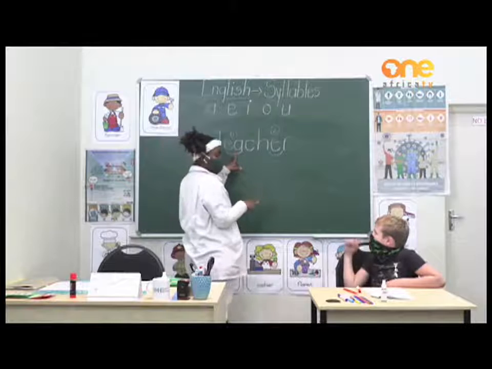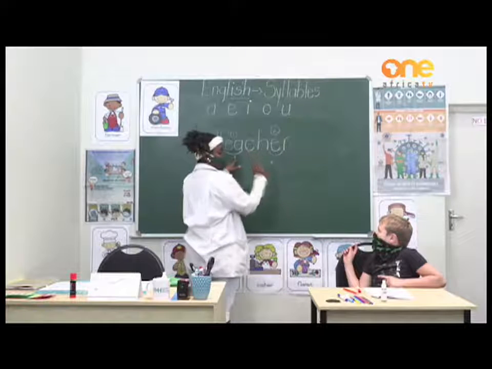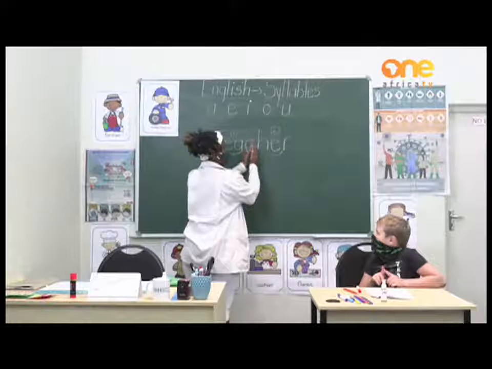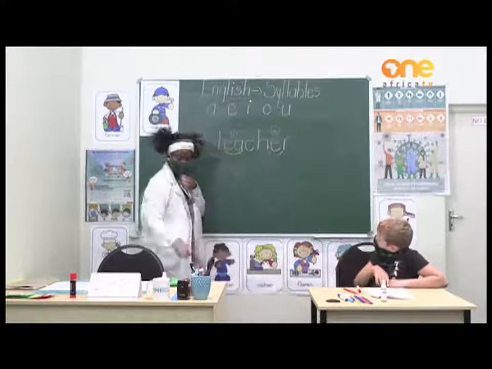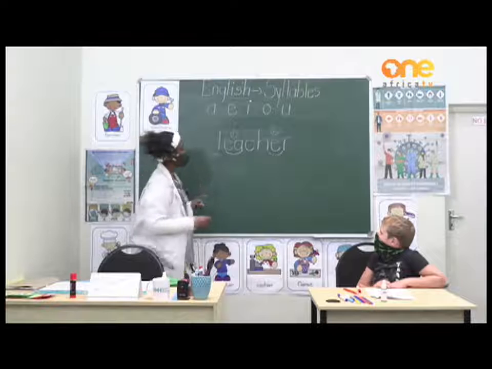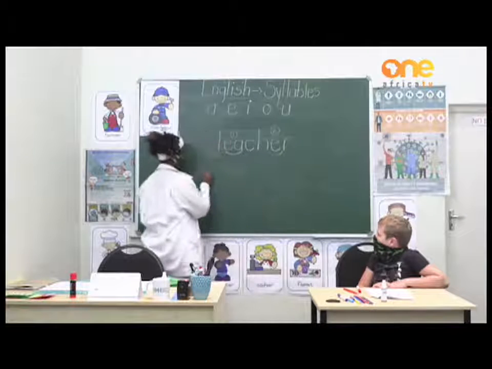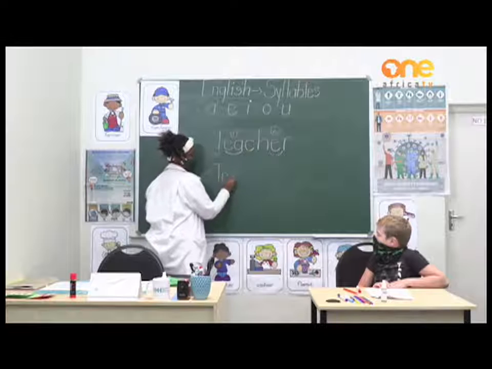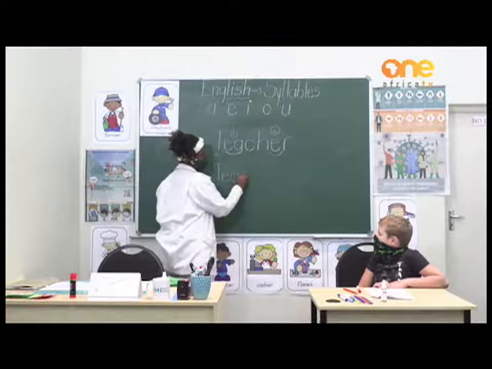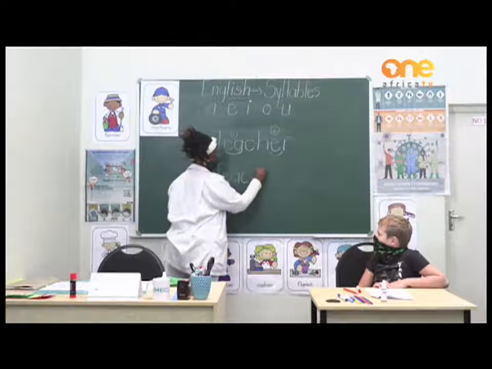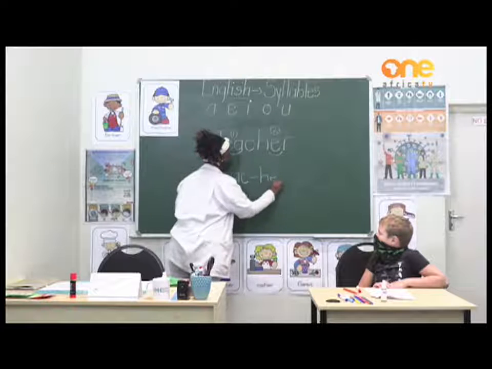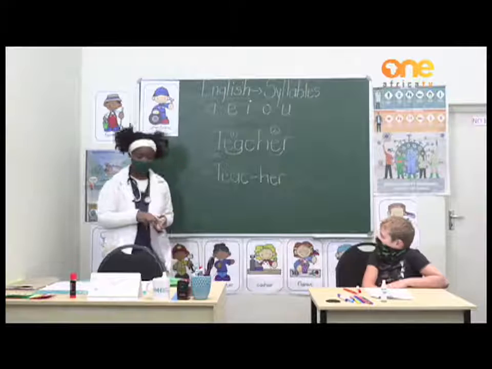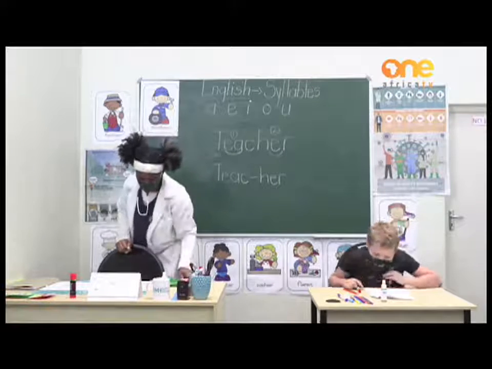You put the first one on the first sound, second index finger on the second one, move inwards, and separate the 2 between the 2 consonant sounds, and we are going to have the word divided into 2 syllables like this. Teacher.